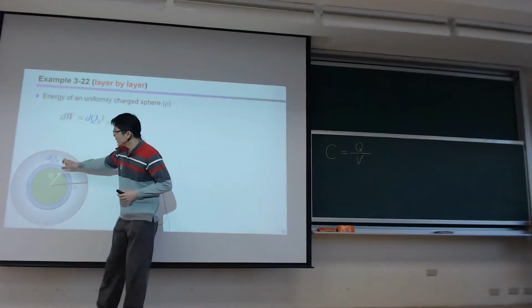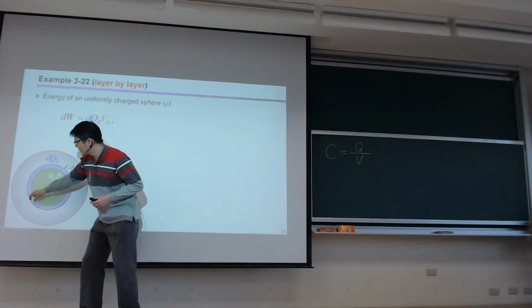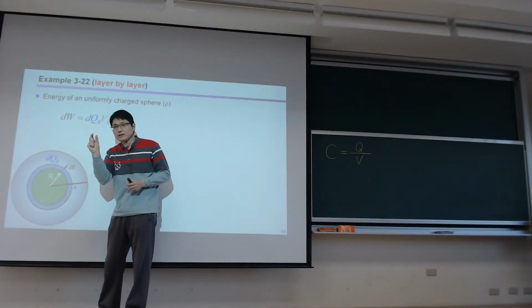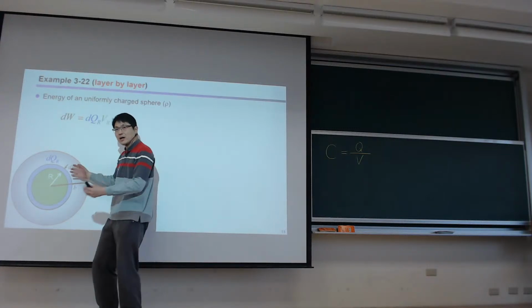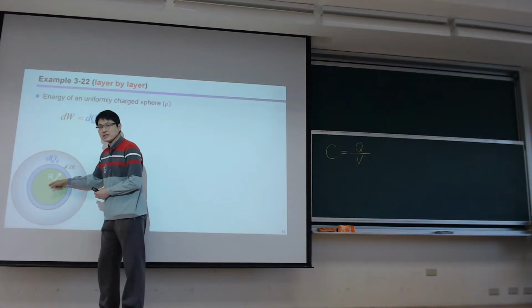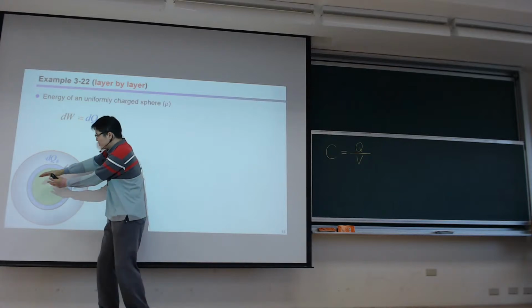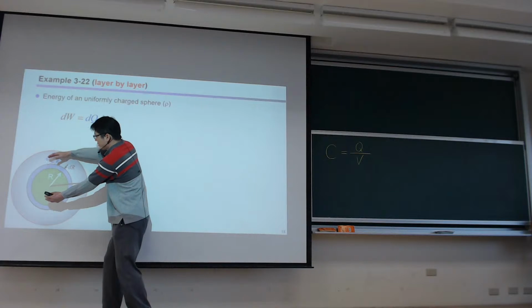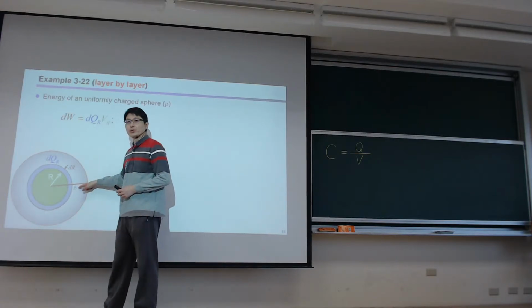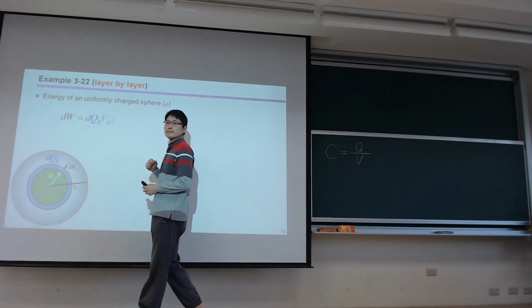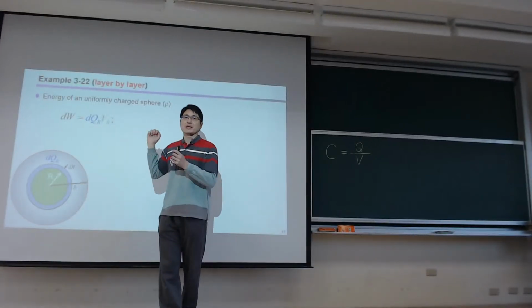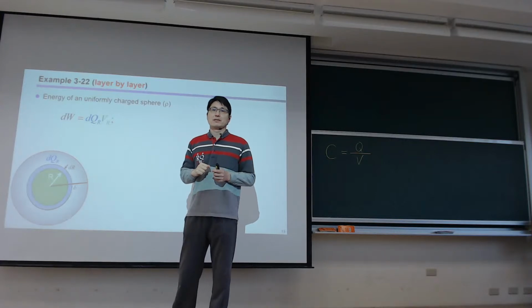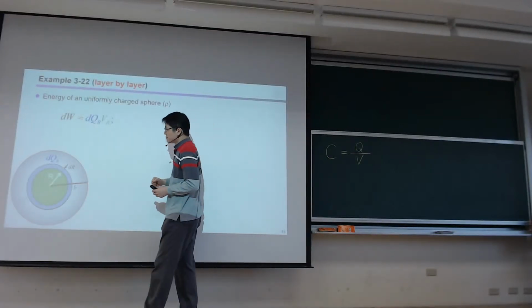So we can deposit a thin layer of spherical shell with a differential thickness of dr onto the previous sphere. So eventually it grows up to reach the radius of b. Okay, so this is called the layer by layer assembly method, right?